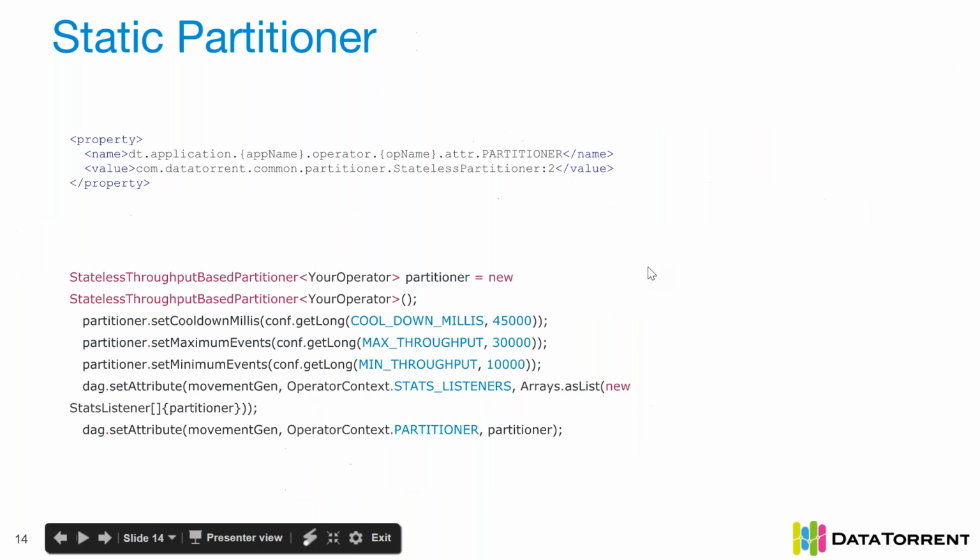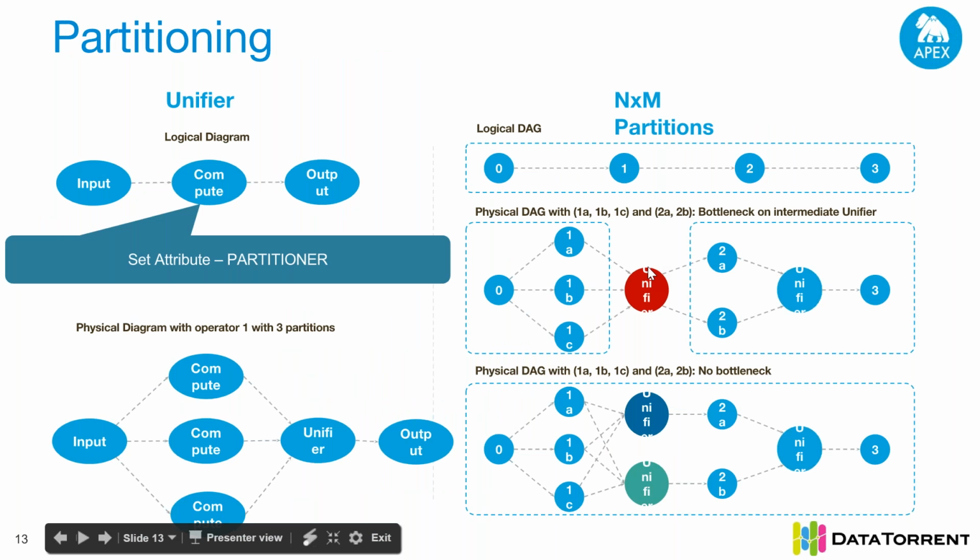Hey, so we received a question on slide 13, which says that since there are two unifiers introduced to avoid a bottleneck in the DAG, whether the data will be sent to both unifiers. In normal cases, when there is no downtime for any of the unifiers, the data will be split across the two unifiers.